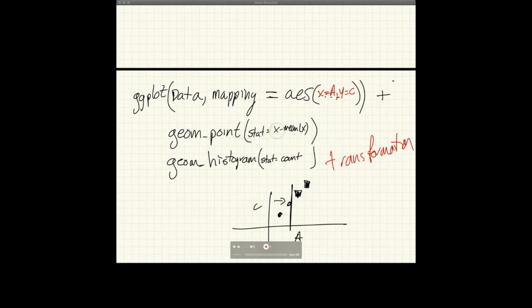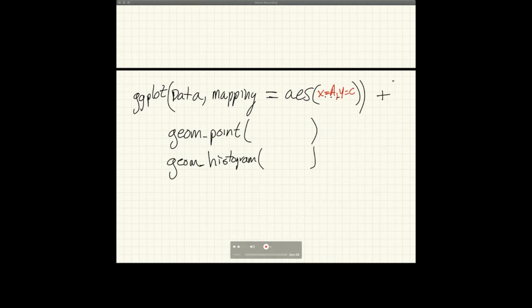And normally, we think of the stat as something that's intrinsic to the geometry, right? So, for instance, geom point, geom histogram, geom line, geom box plot. You've used a lot of these things. So geom point, its statistic is usually the identity.